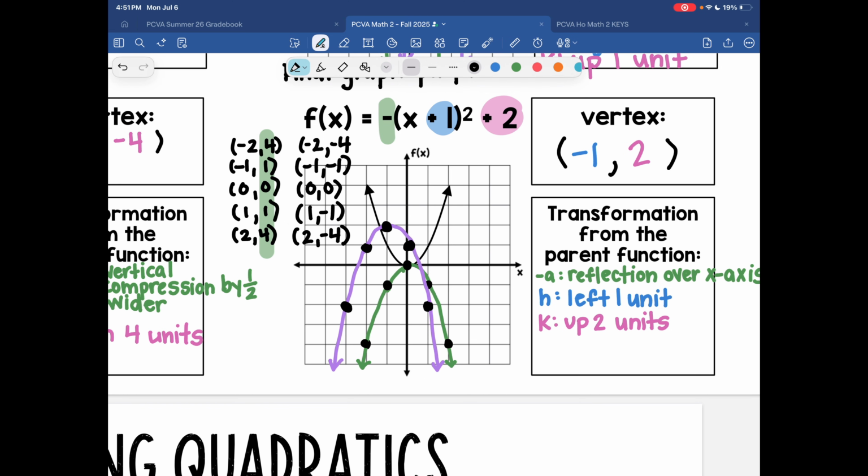And I can see that the vertex is still at negative 1 and 2. And because my a value is negative, it's sloping downward, which means it has a maximum.